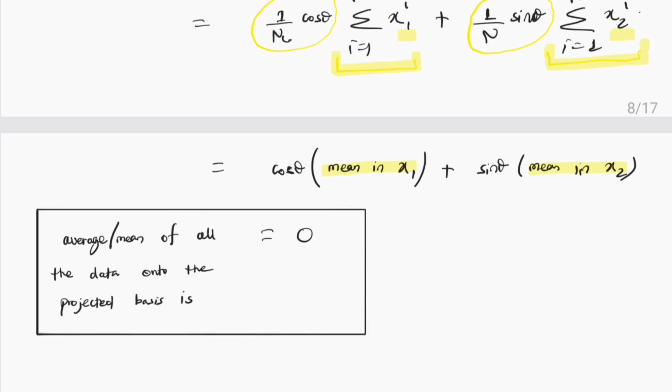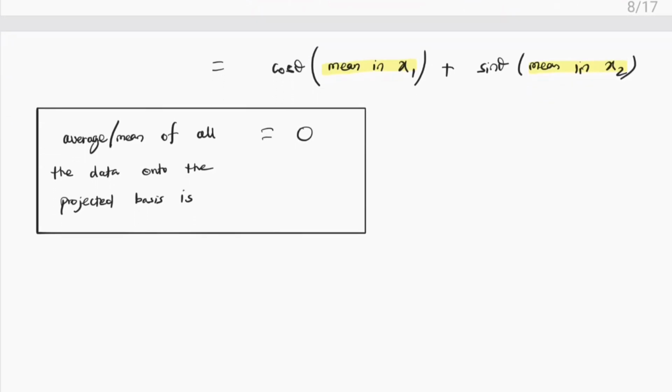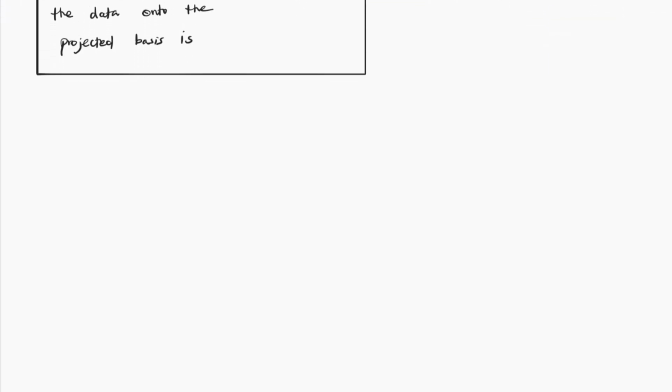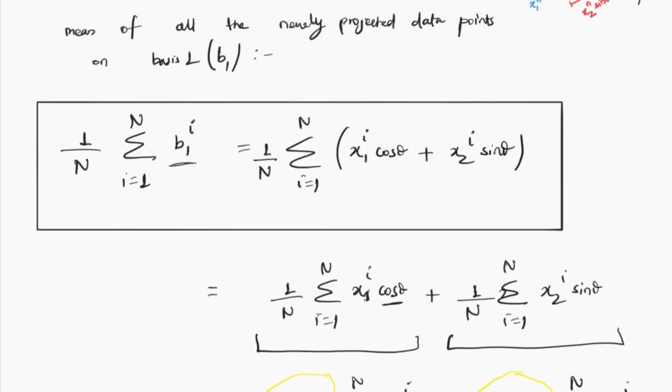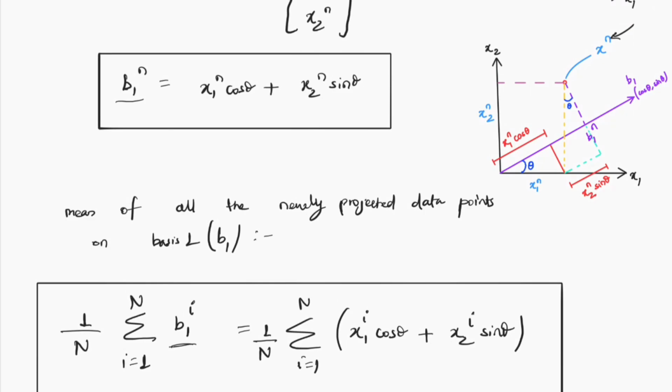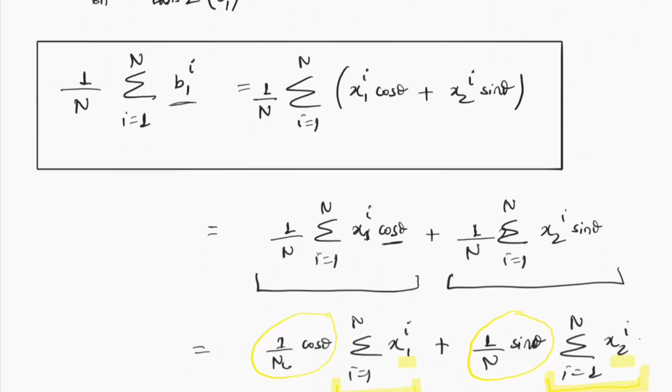Now let us take our first principal component, since it has the maximum variance of data on it, and try to maximize that variance. So what we are going to do next is try to project all the data onto this new basis, and then we are going to maximize that variance. That is our purpose, and that is our goal next. So let us do that now.